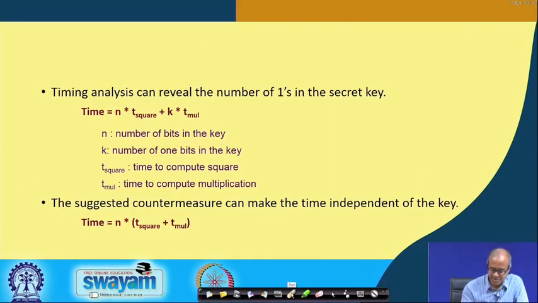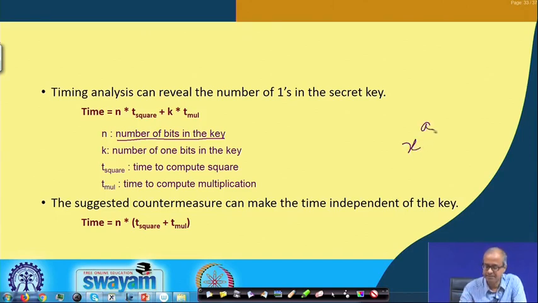So, here is a little bit of math, exactly what I was trying to say. If n is the total number of bits in the key, let us say n denotes the number of bits, and k denotes how many ones are there in the key, and we compute x to the power a.